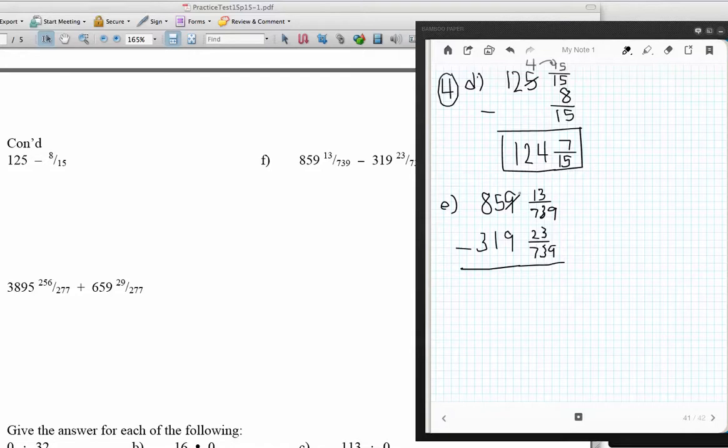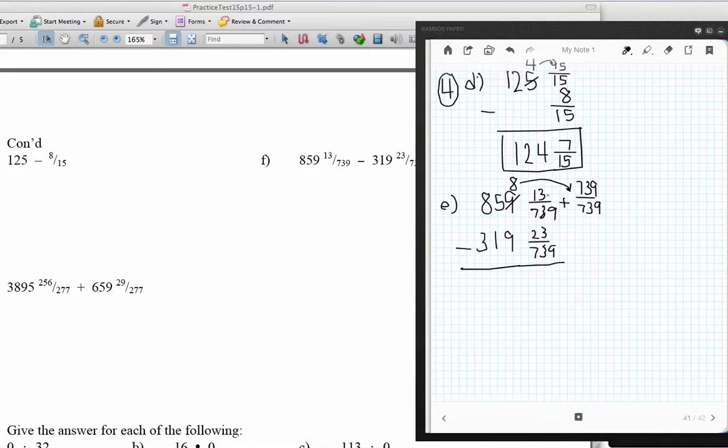So what we're going to do is borrow from the 9, make it an 8, and take that 1 and add it in over here. Now that 1 has to be in terms of the denominator here. So what I'm adding in is 739/739ths. So there's my 1.